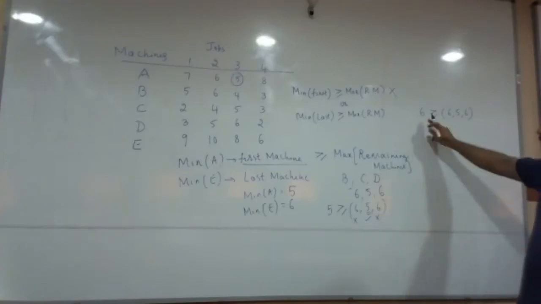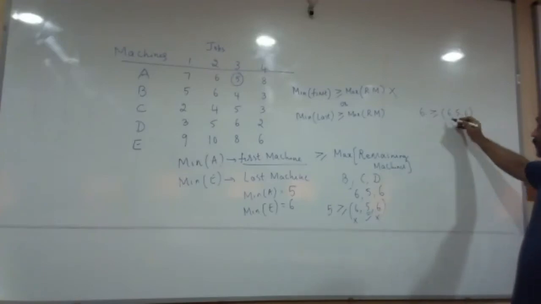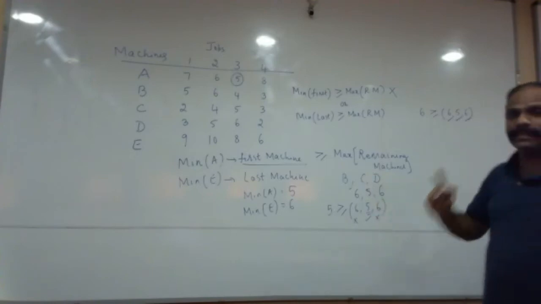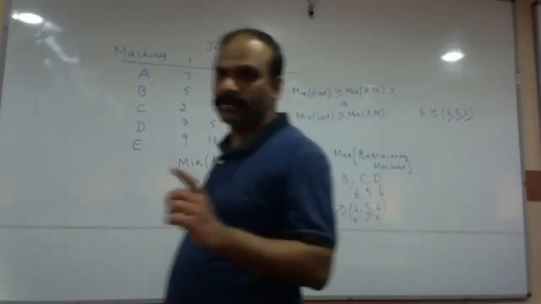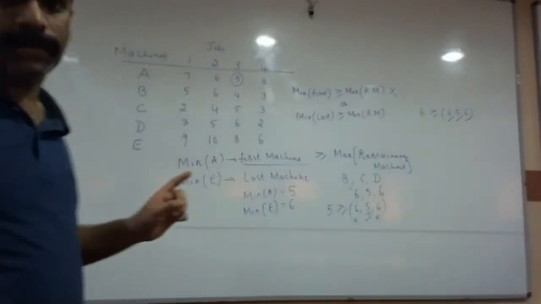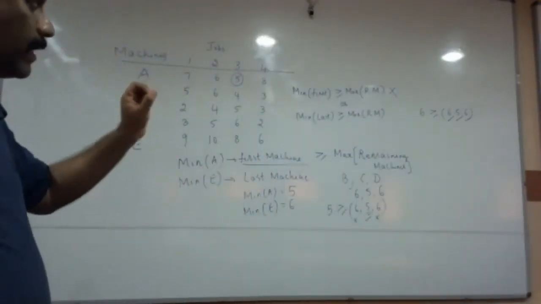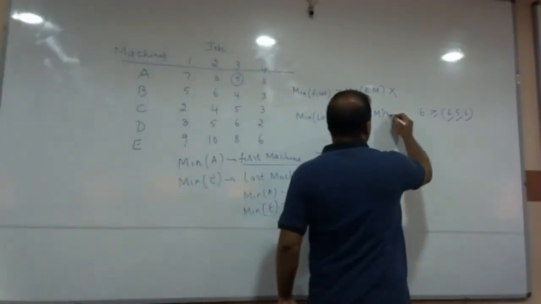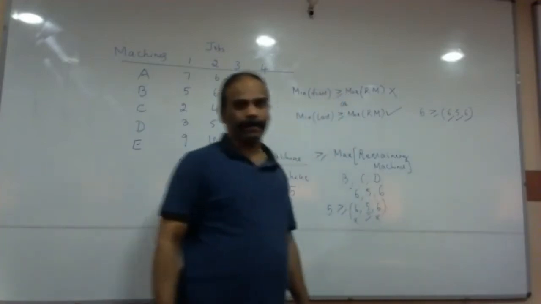You can see that 6 is equal to 6, greater than 5, and equal to 6. That means all the 3 conditions are satisfied. So it very clearly suggests that condition number 2 is satisfied.